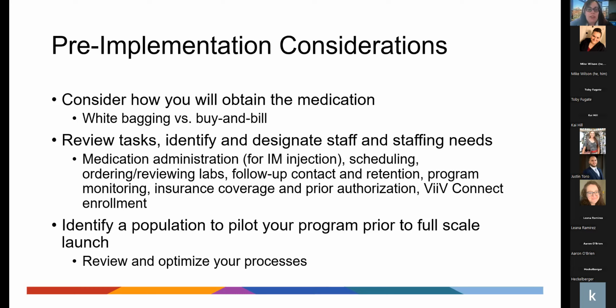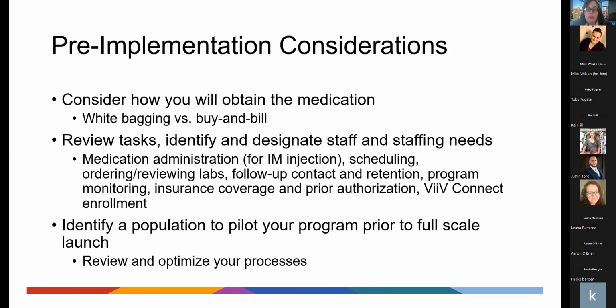And then lastly here, identifying a population to pilot your program, as I mentioned on the previous slide, and reviewing and optimizing your process. So, one of the things that's important and not highlighted here, and again, not the focus of today, but I'd like you to keep this in mind as we move through the next couple of slides. Many clinics have found it helpful to create a list of the insurance companies primarily used by their PrEP patients or their general patient cohort.